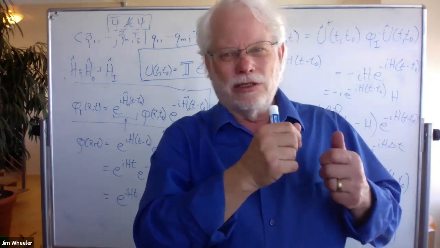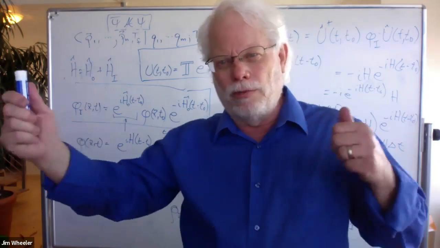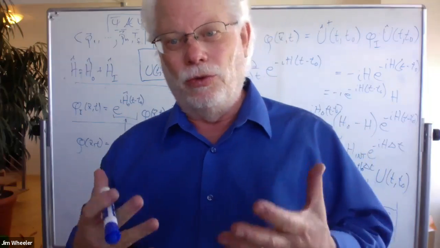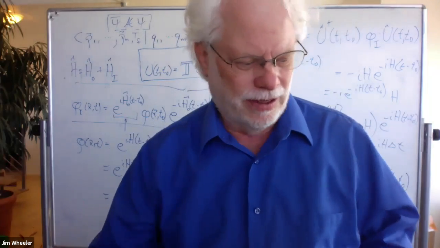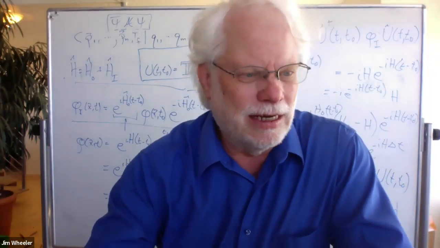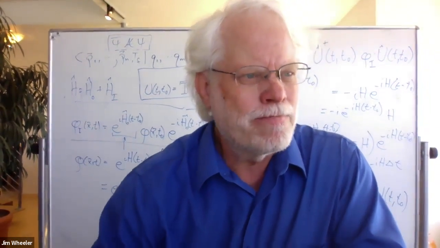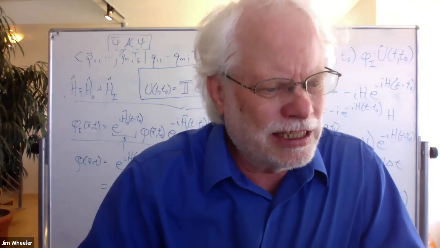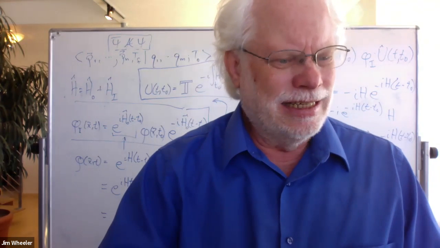So what we can do is look at a product of a whole bunch of U's, and we can smack them all together into a single big U, multiplying a product of interaction picture fields. So let's finish up with a quick proof of this product rule.